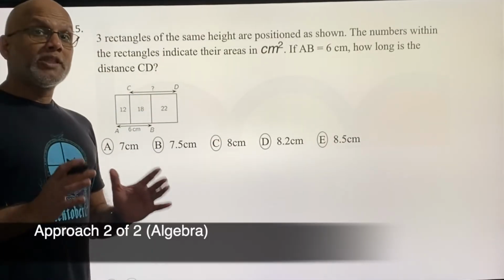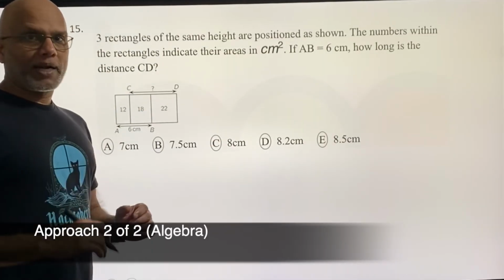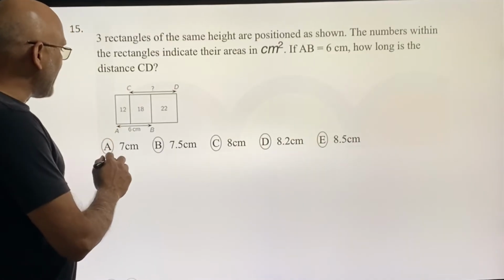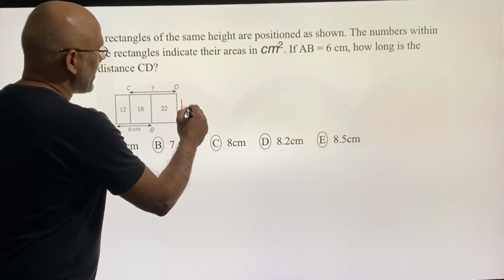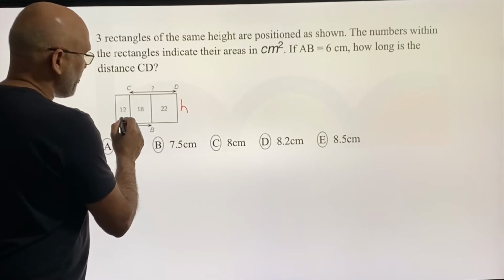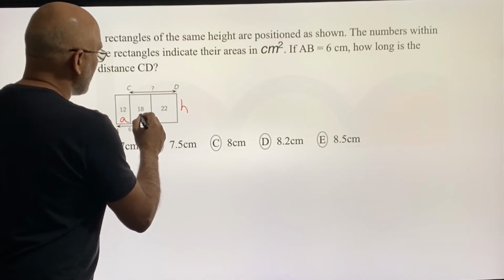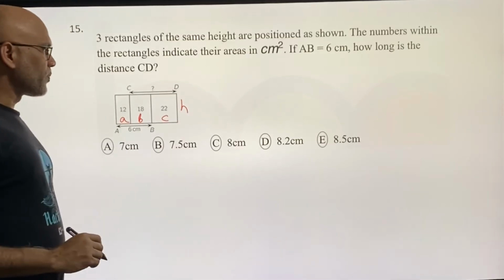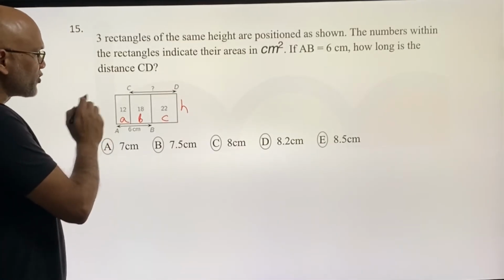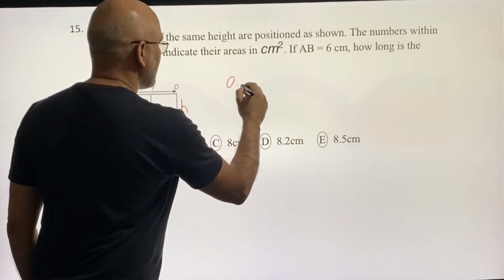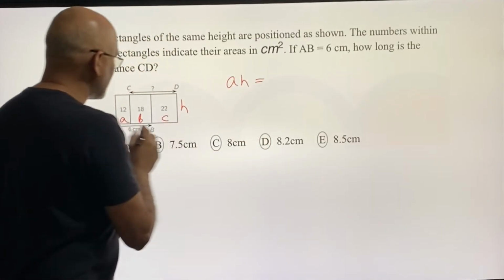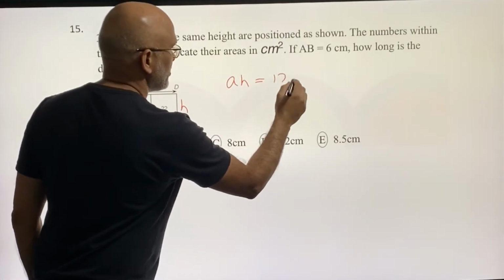You can also do this using algebra if you want to practice. Let me assume the height to be h and the bases of the different rectangles to be A, B and C. Alright. So the area of the first rectangle, that is base times height, is given as 12.